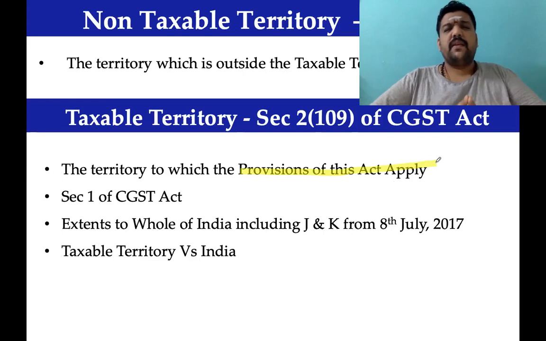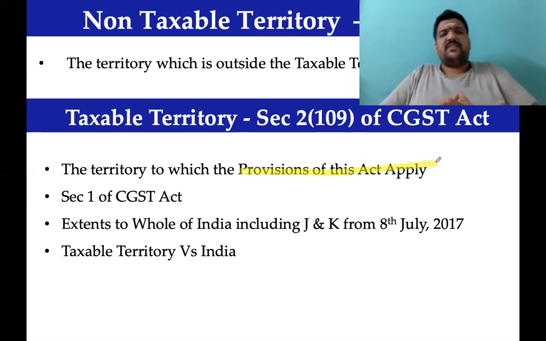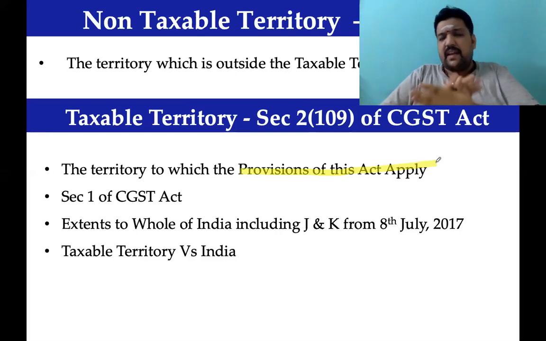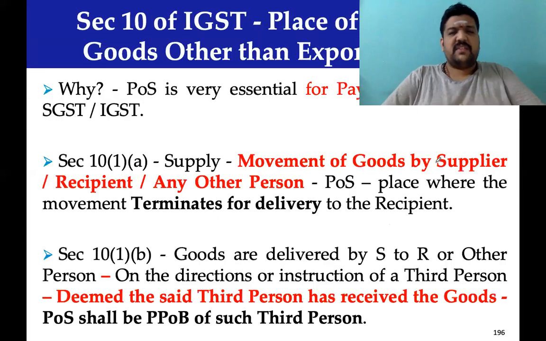Technically, no. At least for the first 7 days, we will have a difference. Taxable territory means other than Jammu and Kashmir. India means including Jammu and Kashmir. But after 8th of July, no difference. Absolutely no difference. From 8th of July, all are same. Taxable territory and India, all are same. No differences associated.